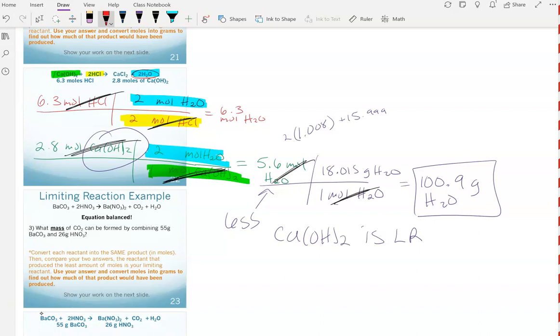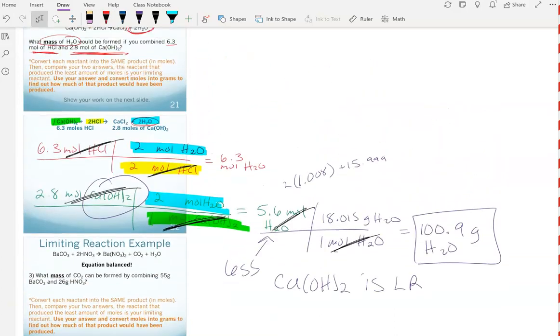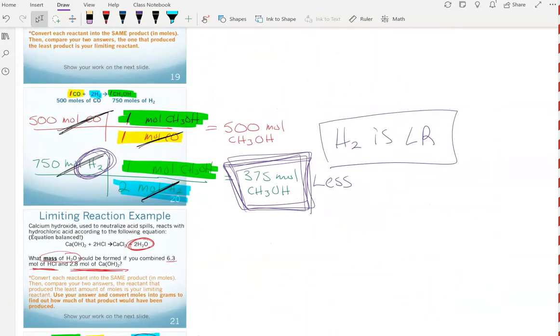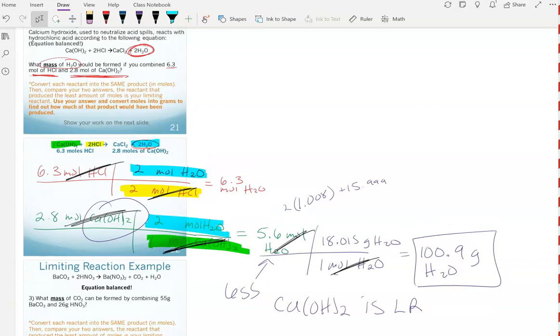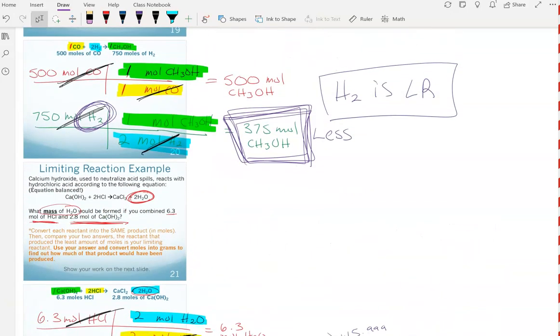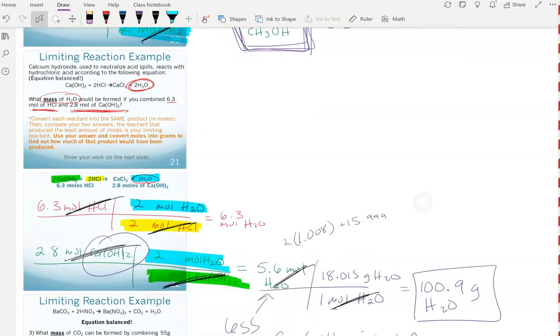Okay, so now let's take this one step further and work on the next problem. So again, here and here, I was given moles to start with, and I converted moles of both reactants into moles of the product, either the only product I was given or the product the question was asking about.